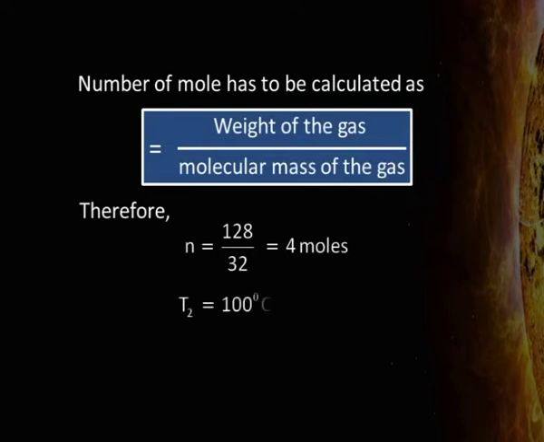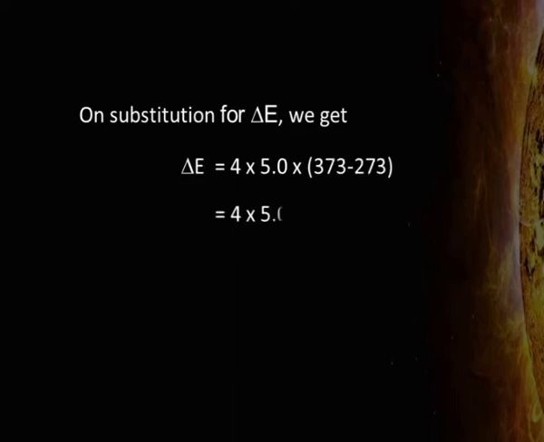Here T2 is 100 degree Celsius, which is 373 Kelvin, and T1 is 0 degree Celsius, which is 273 Kelvin. On substituting these values, we will get delta E equal to 4 into 5.0 into 373 minus 273, which is equal to 4 into 5 into 100, equal to 2000 calories or 2 kilocalories.